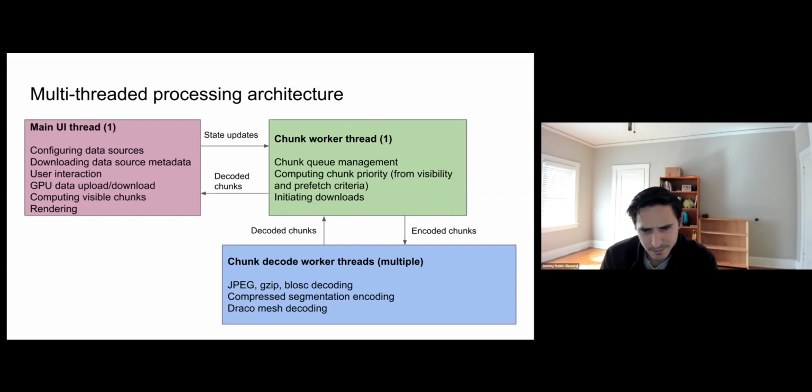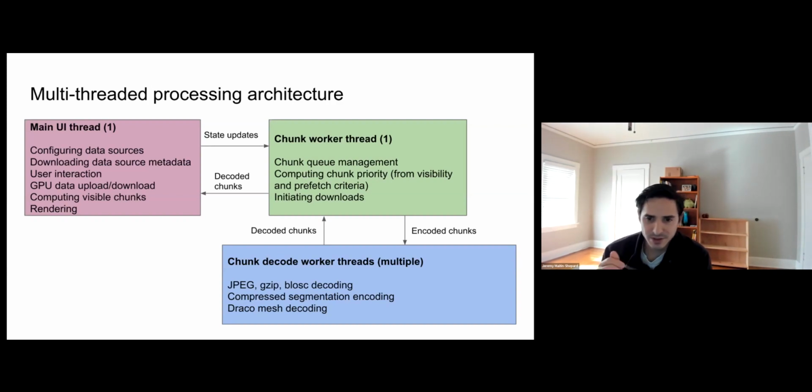It also determines which chunks are visible, and then does the actual rendering. As user interactions are happening in this main thread, it's constantly sending state updates to this closely tied chunk worker thread. This chunk worker thread is responsible for managing the prioritization and downloading of all of the data required for rendering.